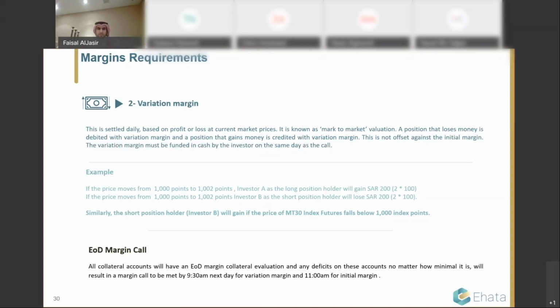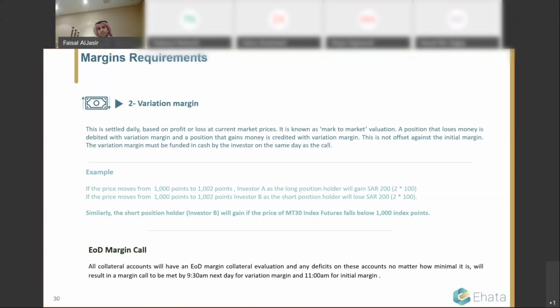And these are the times that you would be expecting margin calls, either for initial margin or variation margin. So the concept of margin in exchange traded futures trading is very important.